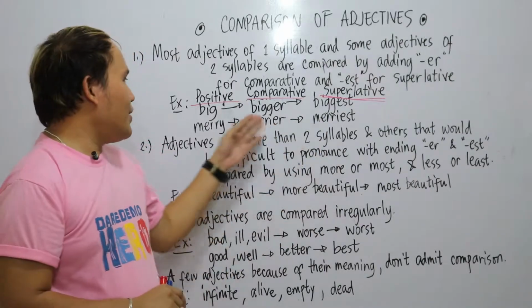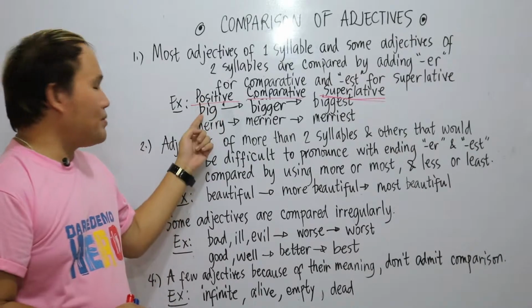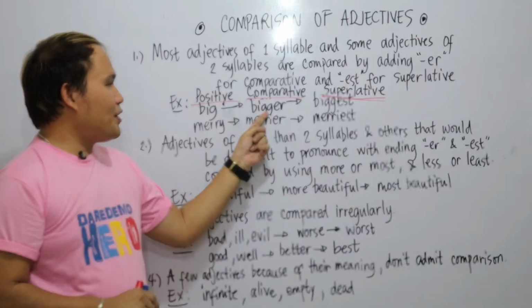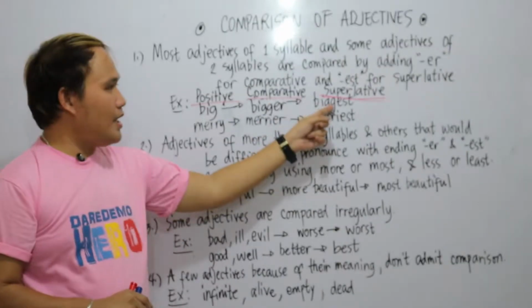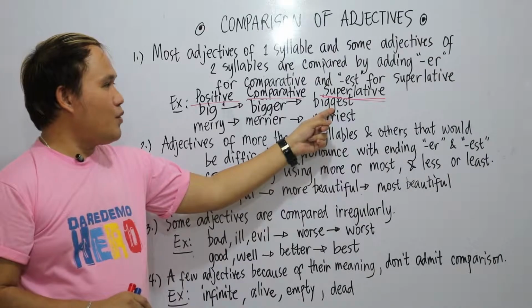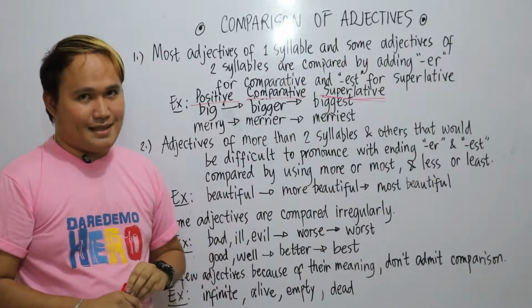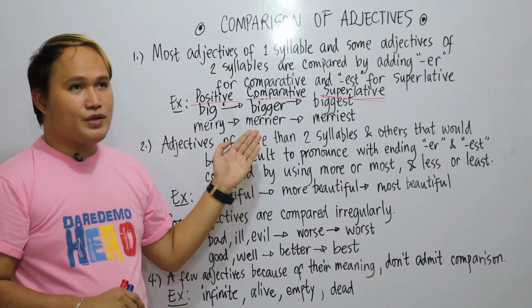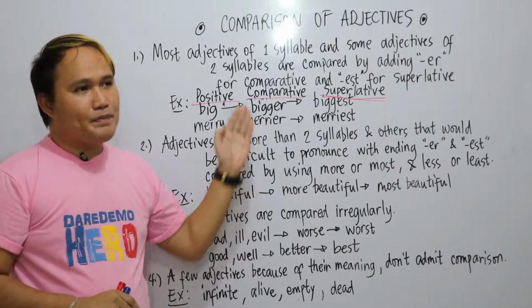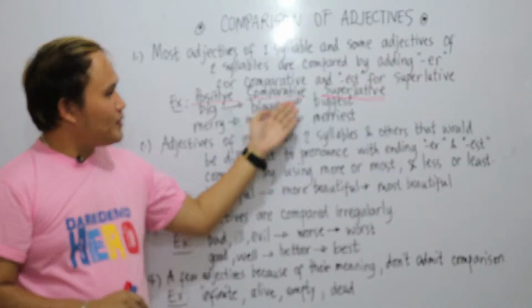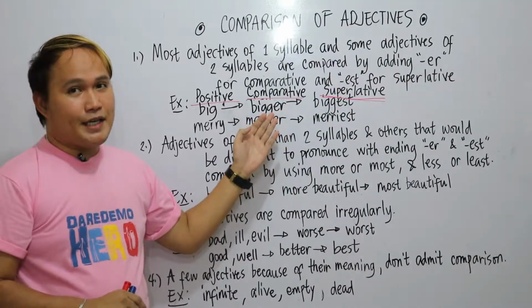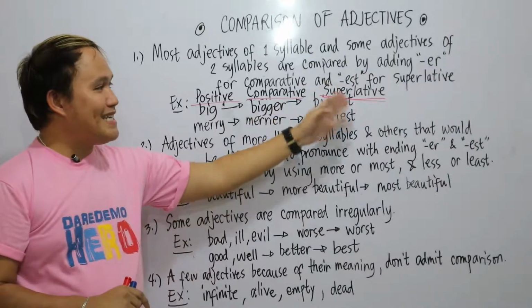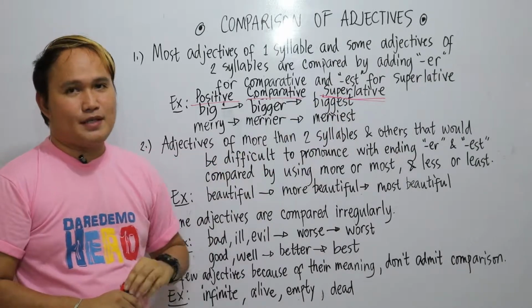So for example, positive form is big, comparative form of that is bigger, and the superlative for big is biggest. As you notice, you're going to put ER in the end for comparative and EST in the end for superlative.